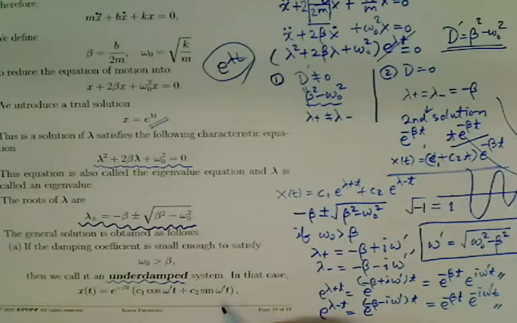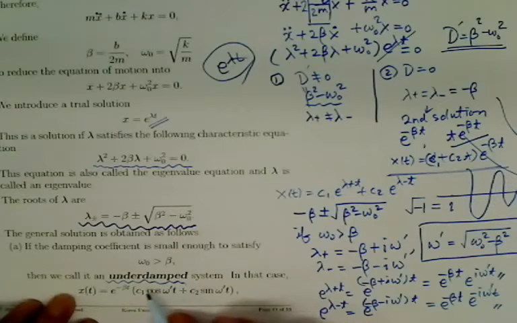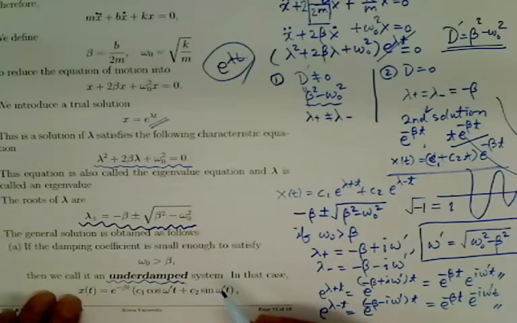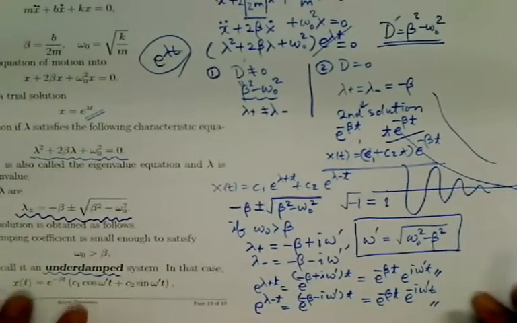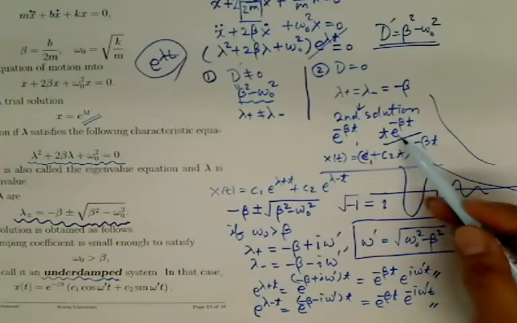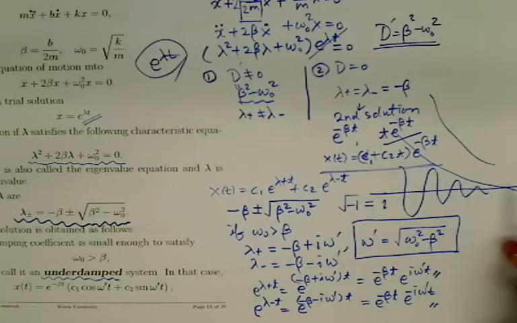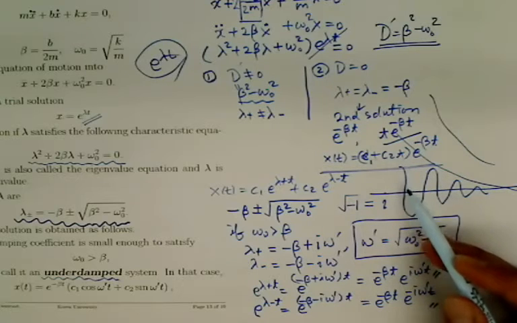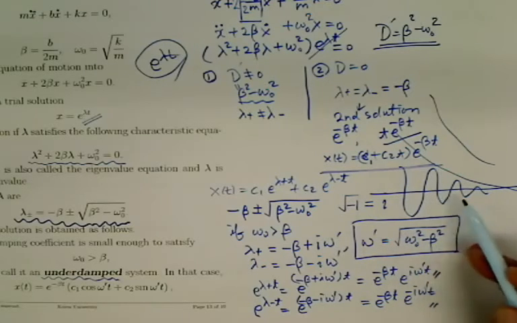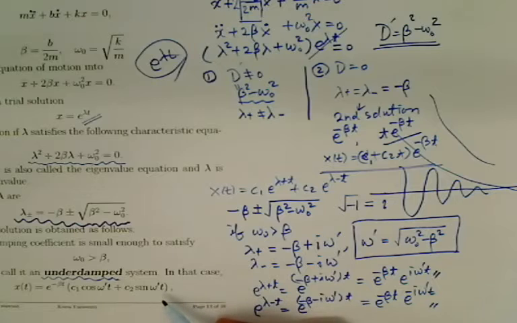We call this the underdamped system. Underdamped. So the effect of damping makes the amplitude decrease as time goes on, but still there is an oscillating factor, that is a sinusoidal function.